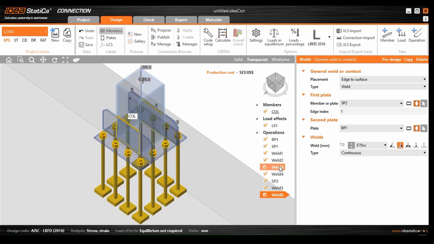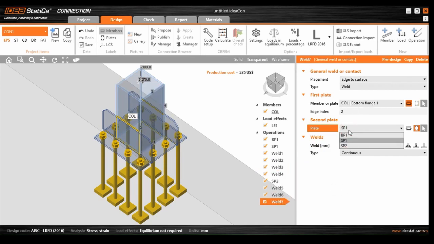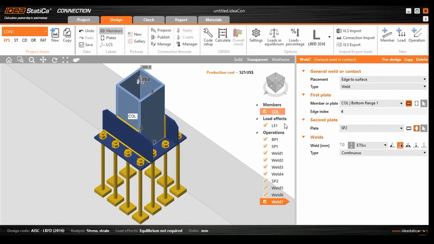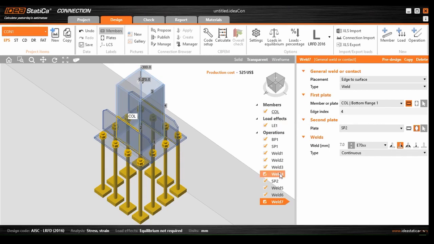Now create a copy of weld 3. Okay, create a copy of weld 4.